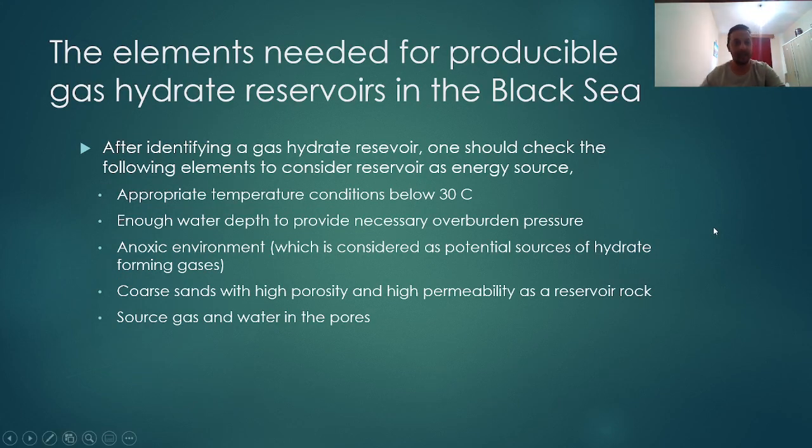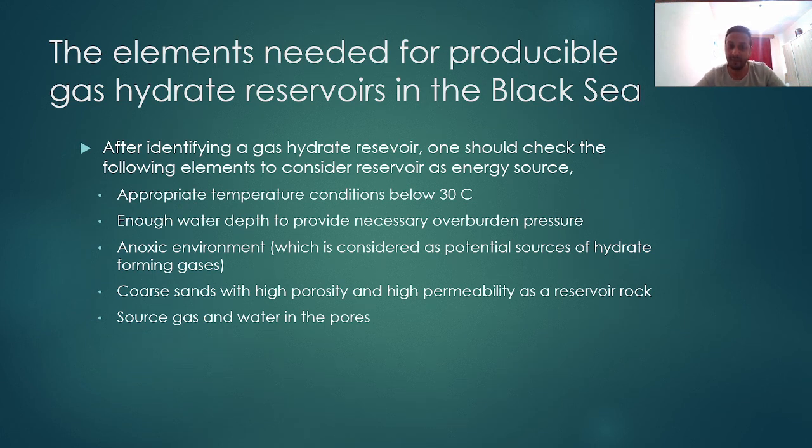Now, I will talk about the elements required for a producible gas hydrate reservoir in the Black Sea. After identifying a gas hydrate reservoir, one should check the following elements to consider the reservoir as an energy source. First, temperature condition below 30 Celsius. This is a very important condition to form gas hydrate.